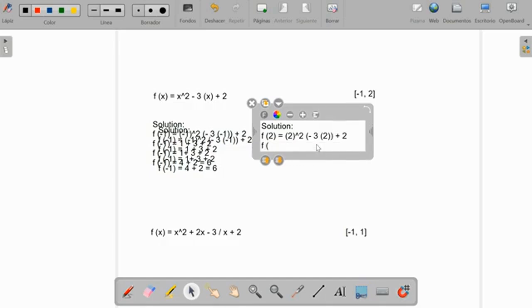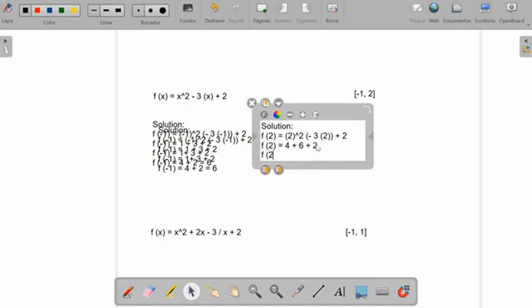Now let's put f of 2 equal to, and 2 squared is equal to 4, because 2 by 2 is 4, and 3 by 2, even though it's negative, now it's positive because they are different signs, and the 3 is greater than the 2. So it is 3 by 2 is 6 positive, and plus 2.